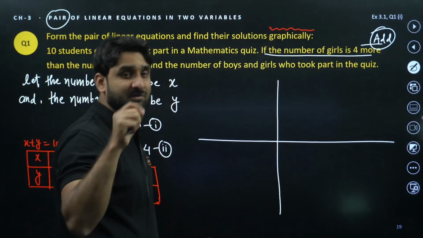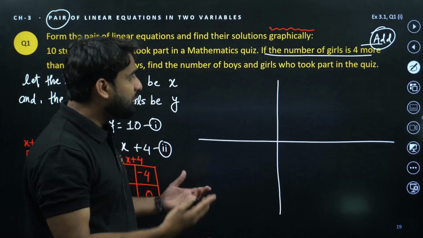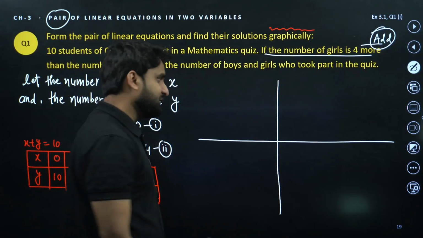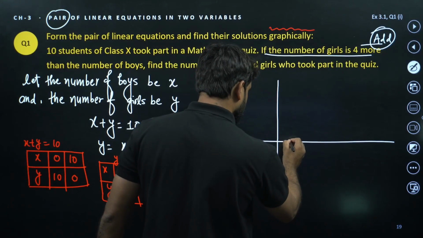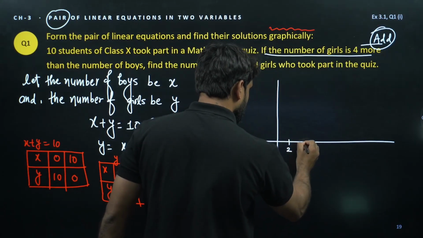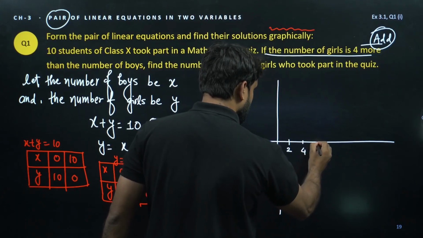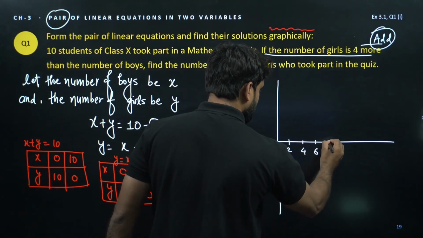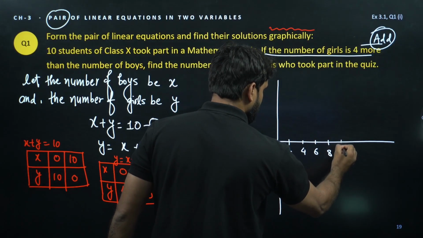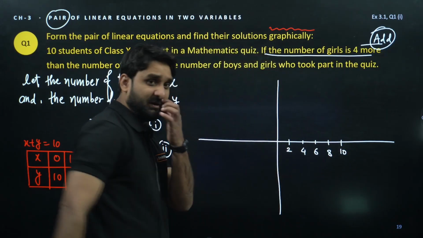So make sure to draw the graph clearly. So this is 2, 4, 6, 8, 10. I hope the gaps are equal.